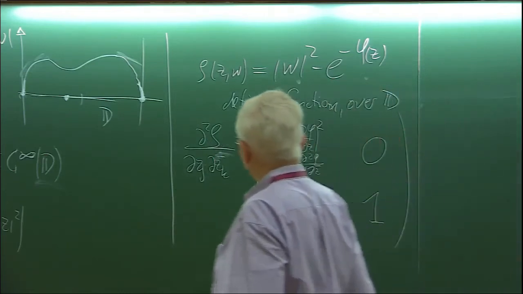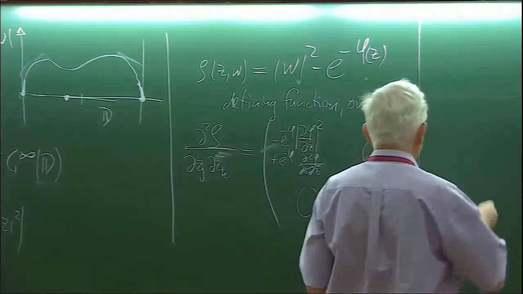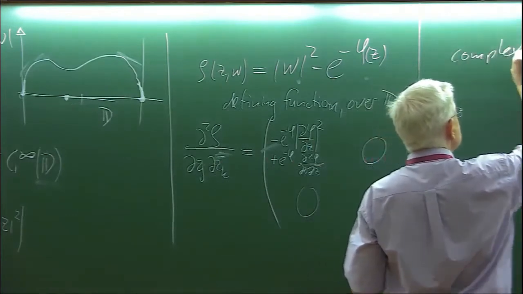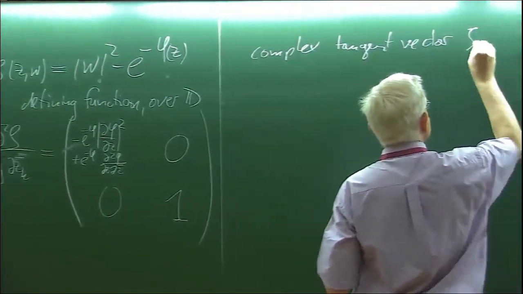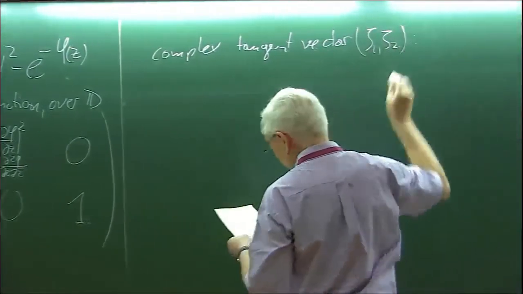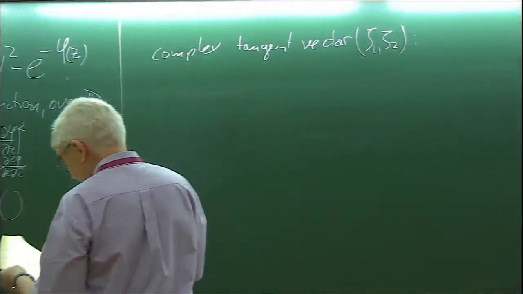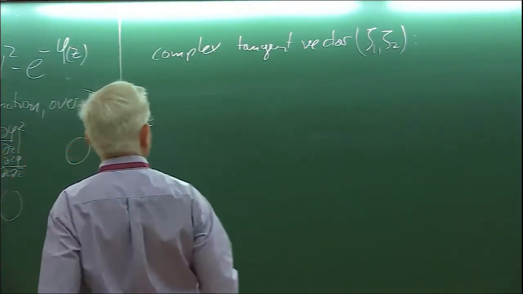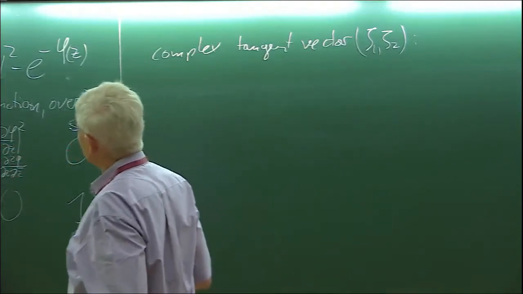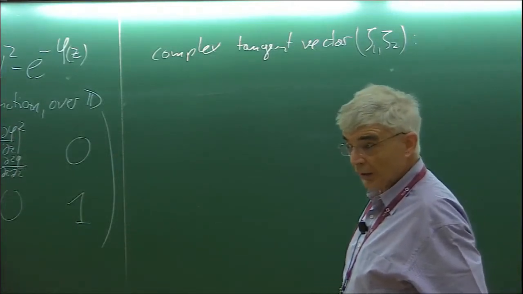And then the vectors we need to put into this Hessian need to be complex tangent vectors, right? So for complex tangent vectors, say, let's call them zeta 1, zeta 2. Well, they need to satisfy d by dc of the defining function zeta 1 plus d by dw of the defining function zeta 2 should equal 0, right?